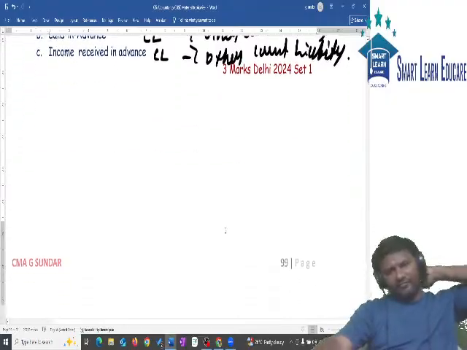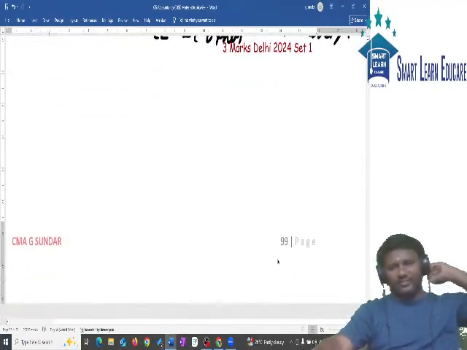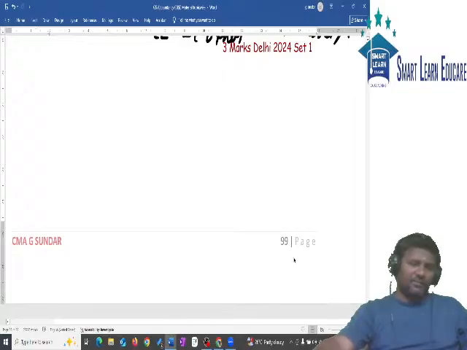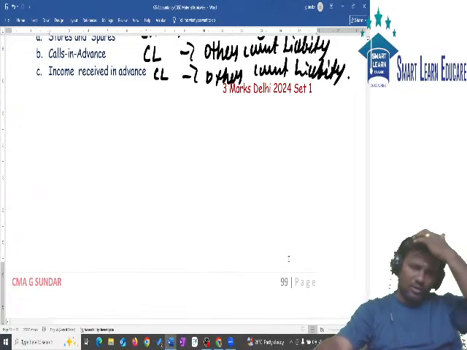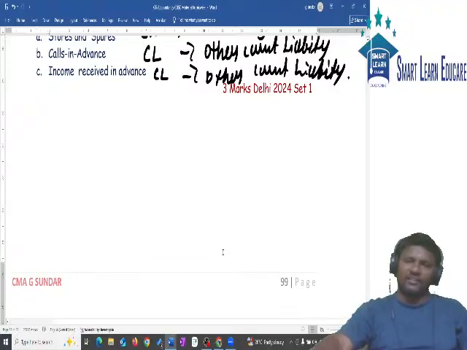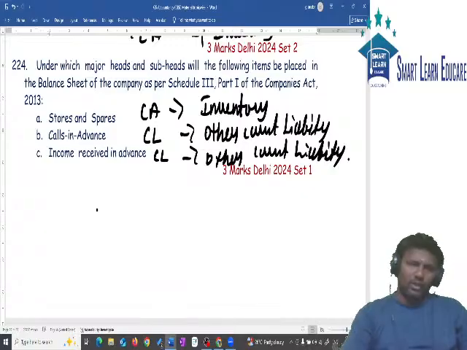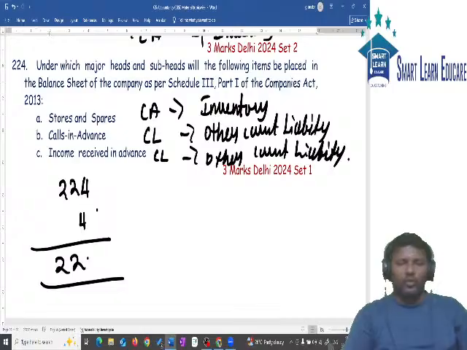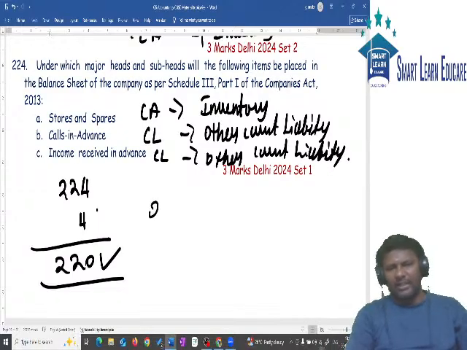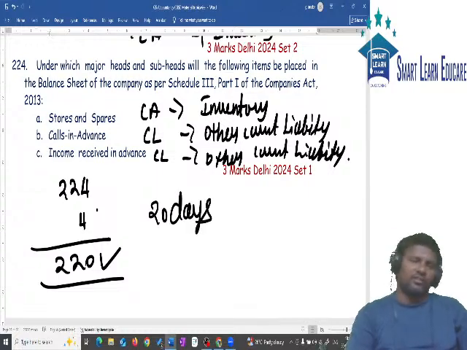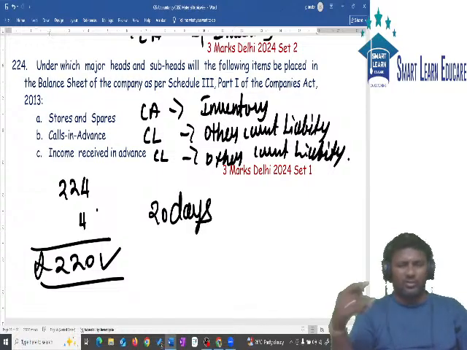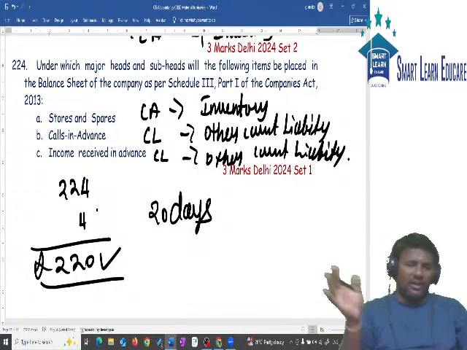So with this, we are completing all the questions. Around 99 pages. If there was one more page it would have been 100 pages. I had written the first 2 classes separately. So totally we have solved around 224 questions. 4 questions I have given as homework. 220 questions we solved in a span of 20 days. 1 mark, 2 mark, 3 mark, 4 mark and 6 mark questions.